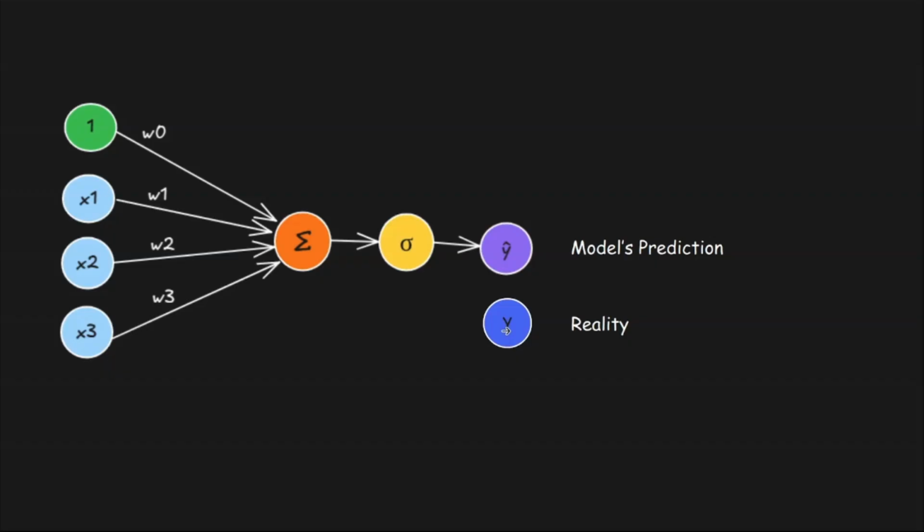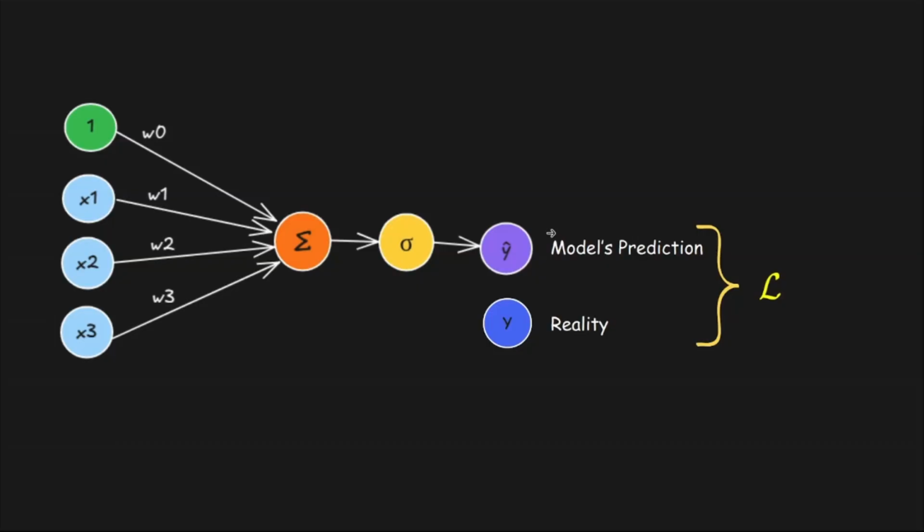So what we do is we need to quantify the difference between these two, or we can call it the error between these two, and we do that by using a function called the loss function, which is denoted by the capital letter L here.